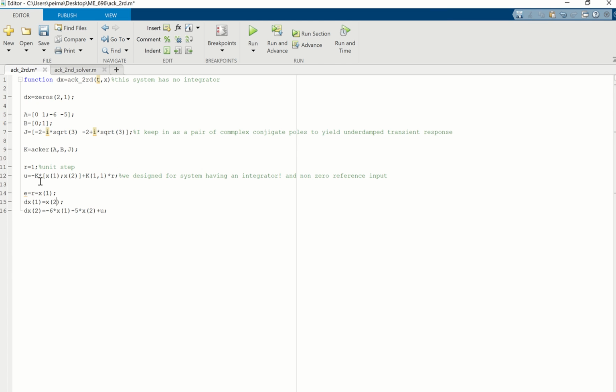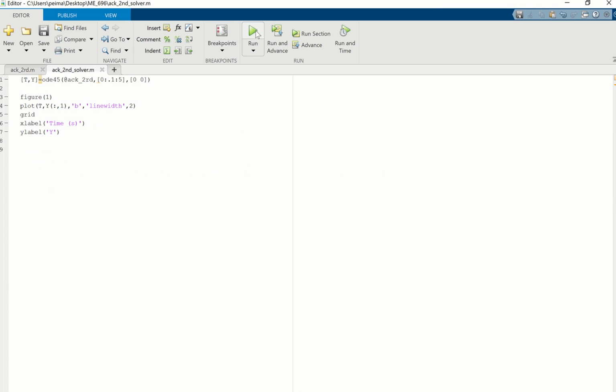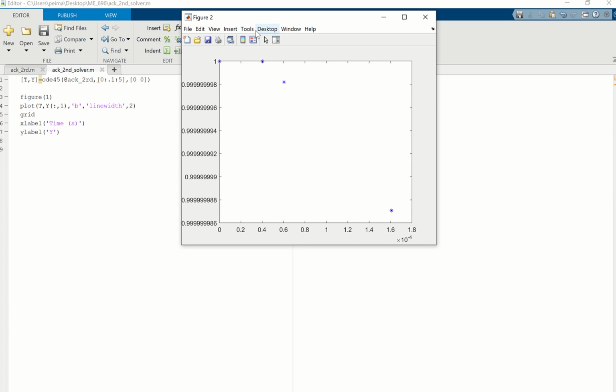Now if I say figure 2, plot time and E, in blue with dots, and hold on, let us see how the error signal looks. The error signal is going to look like this.